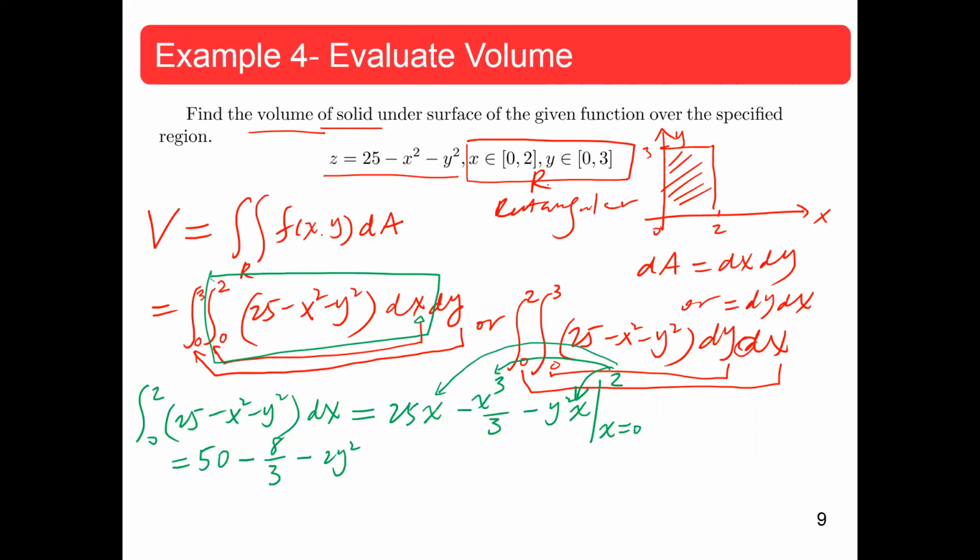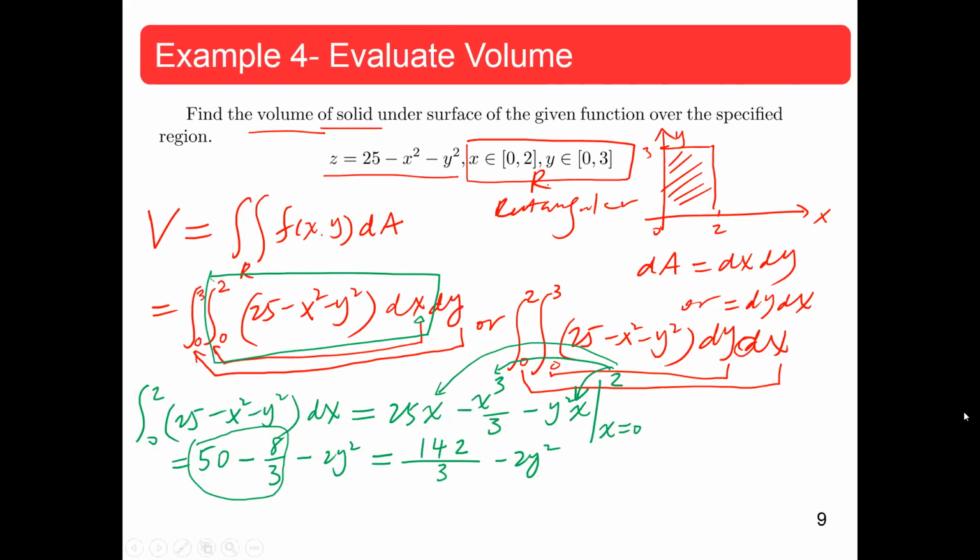If you plug 0 in, I have 0, 0, and 0, so the second part will just be 0. So the first part, I have 50 minus 8 over 3 minus 2y squared. I can combine these two, 50 minus 8 over 3. 3 will be the common denominator. I have 150 minus 8, so it'll be 142 over 3, minus 2y squared.